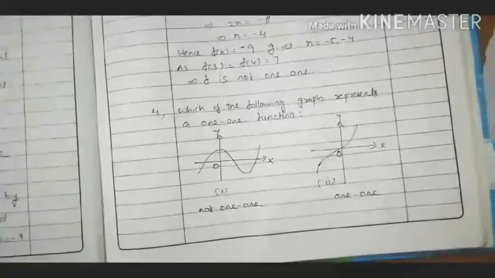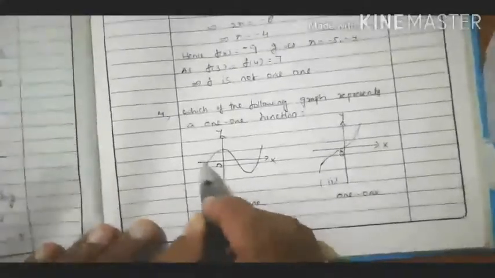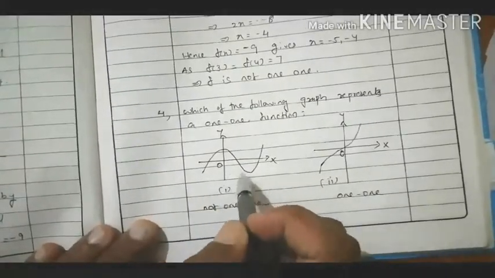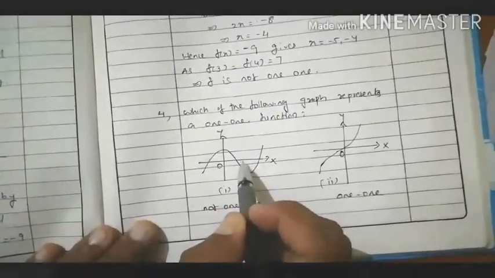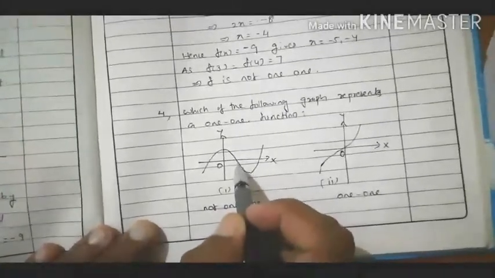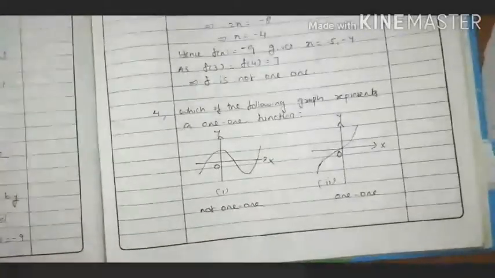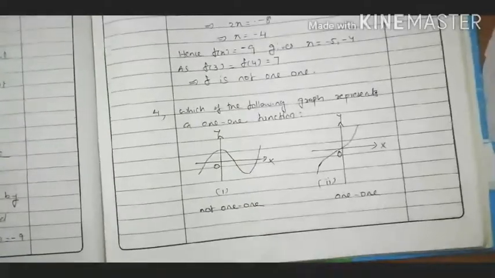Suppose in this function, here this is the x-axis and this is the y-axis, no? The x coordinates mean the collection of all inputs, and the y coordinates represent the collection of all outputs.